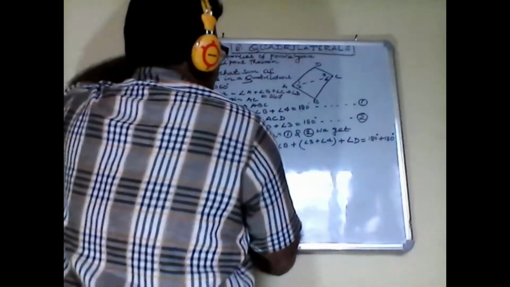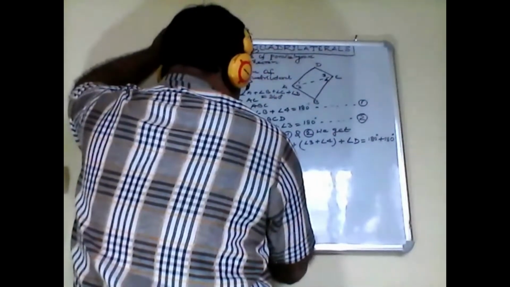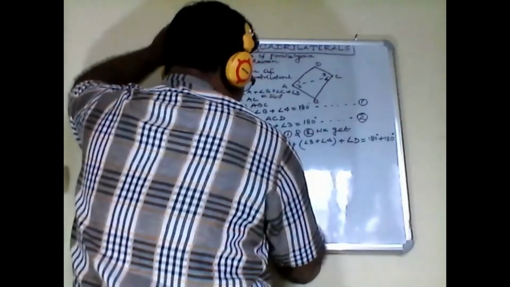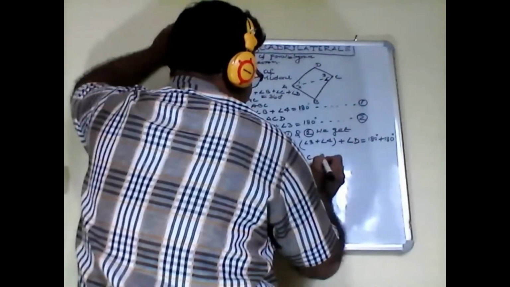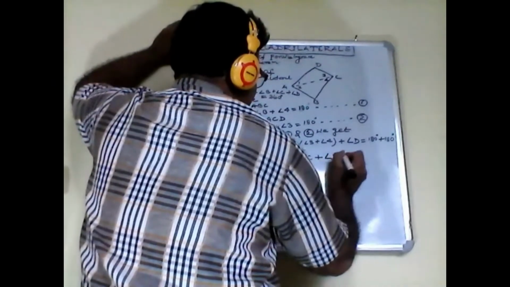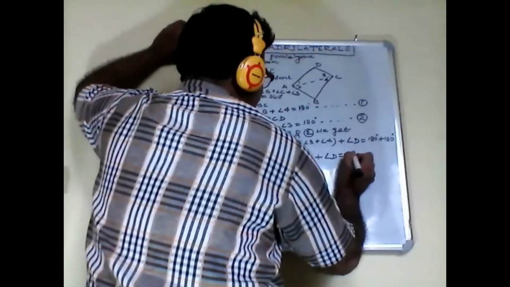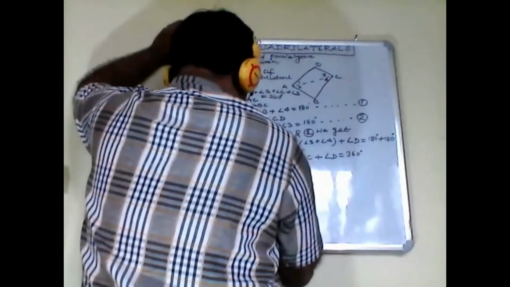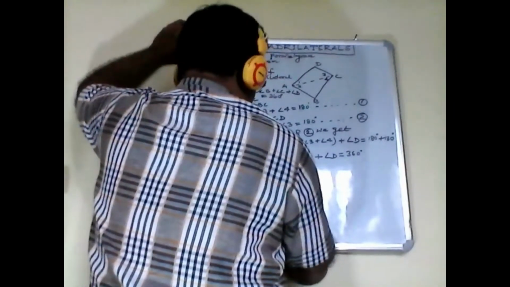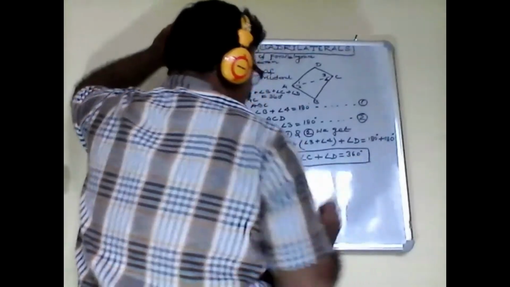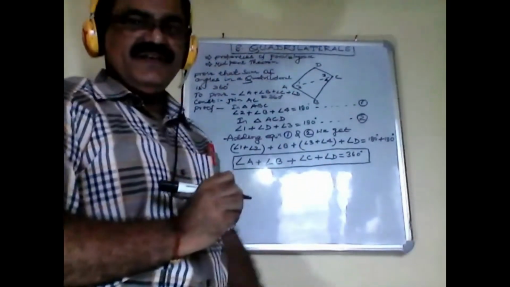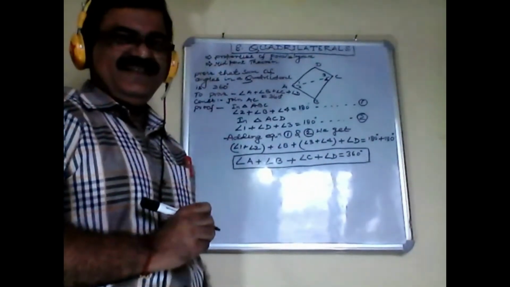So angles 1 and 2 make angle A, and angles 3 and 4 make angle C, so angle A plus angle B plus angle C plus angle D will be 360. So very easily we can prove that the sum of all angles in a quadrilateral is 360.